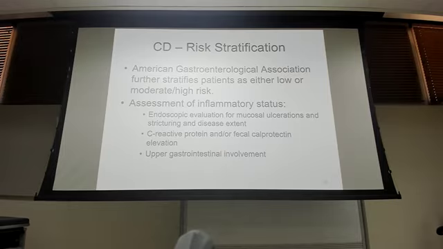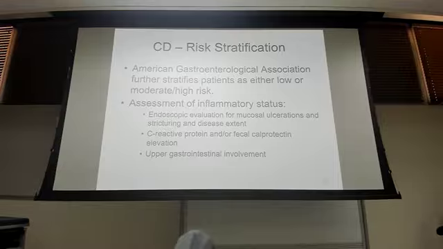So the American Gastroenterological Association also further stratifies risk as either low, moderate, or high for Crohn's, and that's basically looking at the inflammatory status. So they do the endoscope, either a colonoscopy or a colonoscopy and an upper EGD, and they look for the ulcerations and stricturing and how much of the GI tract is actually involved, so the extent of involvement.